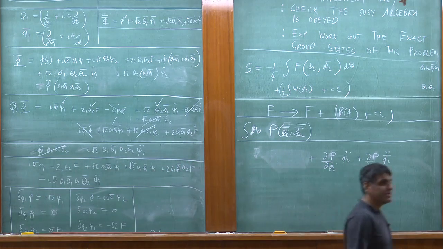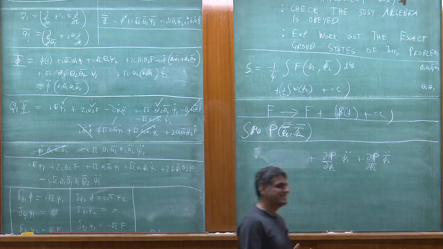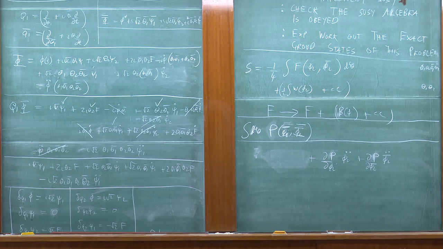Next, the terms at second order. There are two kinds of second order terms we could get, or three kinds. There's second order, which is del p by del phi I, del phi j, del p by del phi I, phi j bar, and then phi I bar, phi j bar.